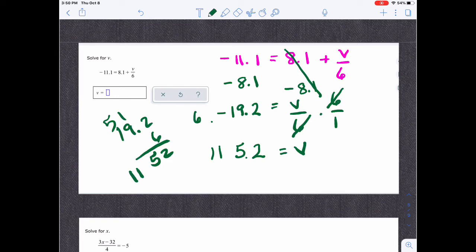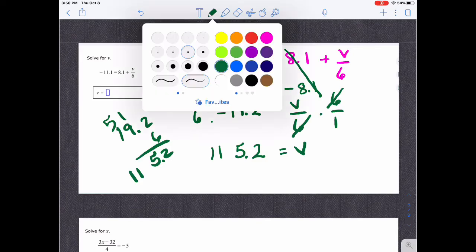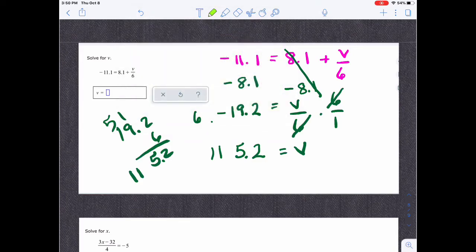Well, seems good. Might have been a good idea to multiply by 10 in the first place. If I had multiplied by 10 in the first place, I would get this. -111 equals 81 plus 10v over 6. I don't know if that helps a lot.